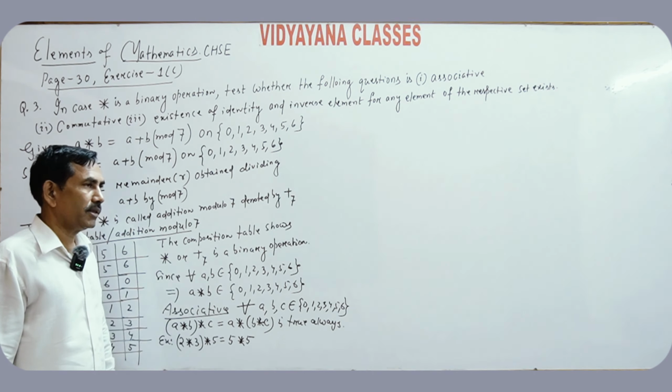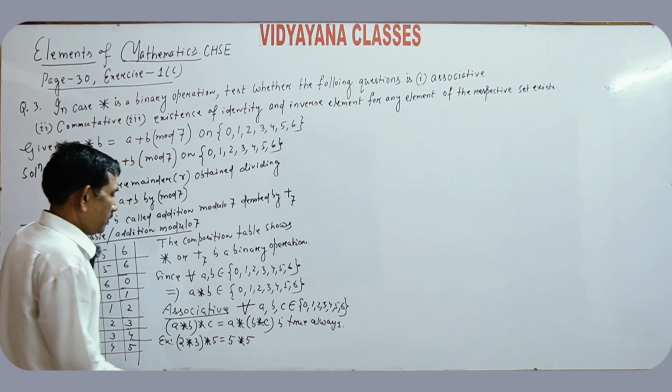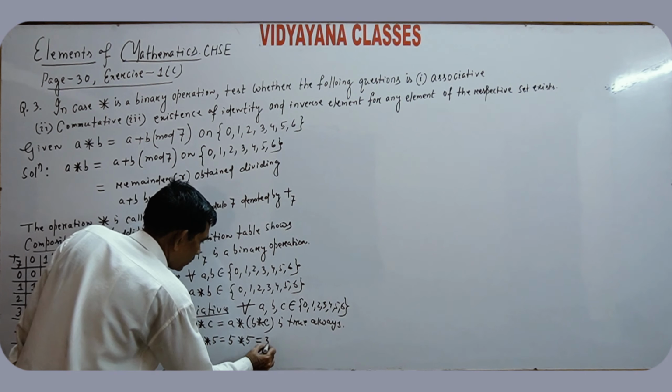Then 5 star 5 means 5 plus 5, that is 10. 7 divides 10 gives the remainder 3.